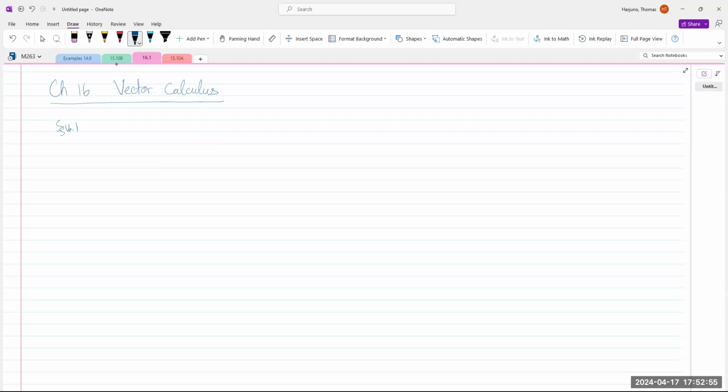16.1 is a very short section. It's mostly a description of what we have in this chapter. We first talk about vector fields. What is a vector field? Definition.